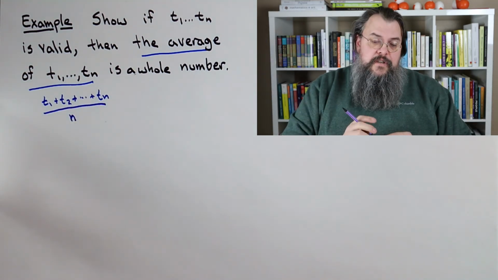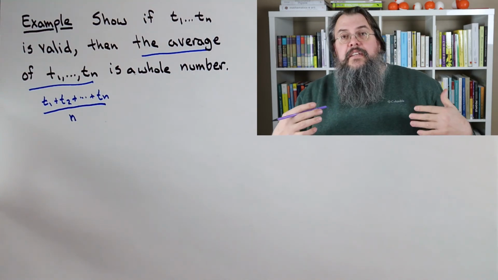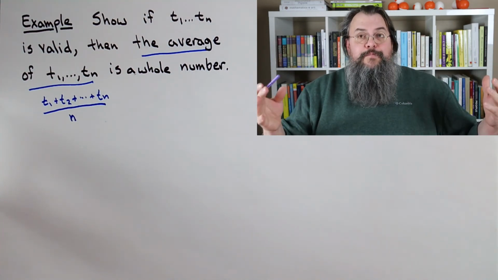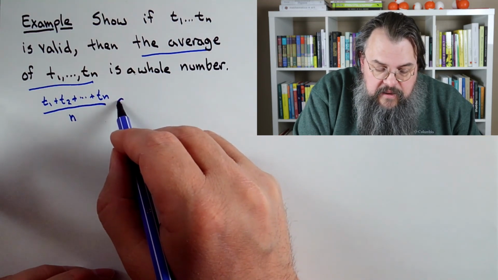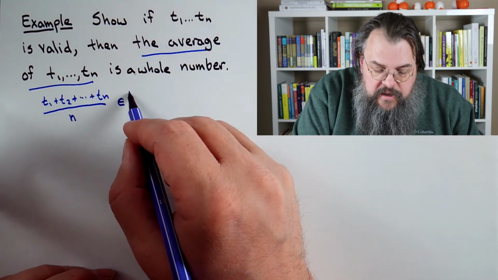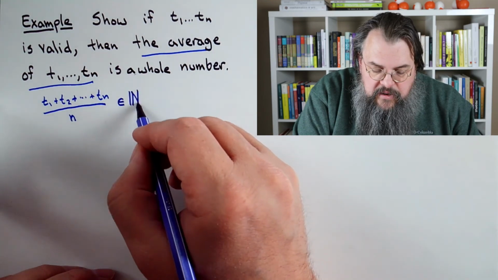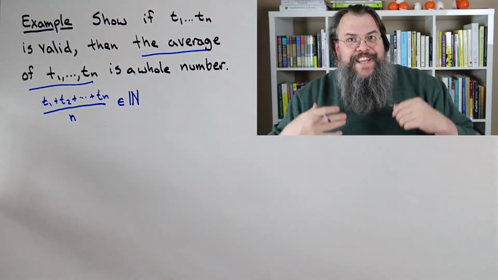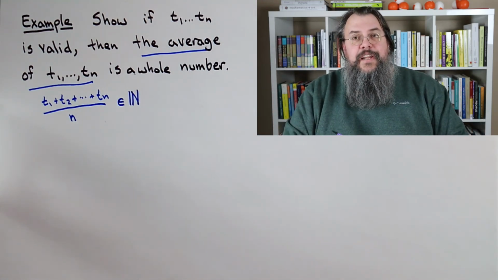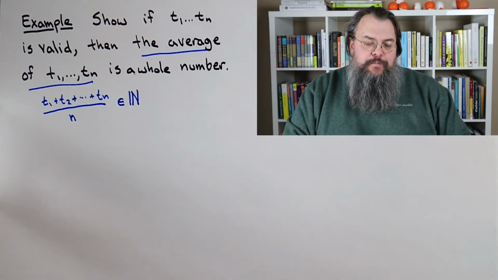That's the average. And what we want to say is equal to some whole number. Okay, so we can say that's a natural number because all these numbers are greater than or equal to 0. So when you see an n here, this is a bold n. That's a shorthand for saying it's a whole number, a whole positive number.